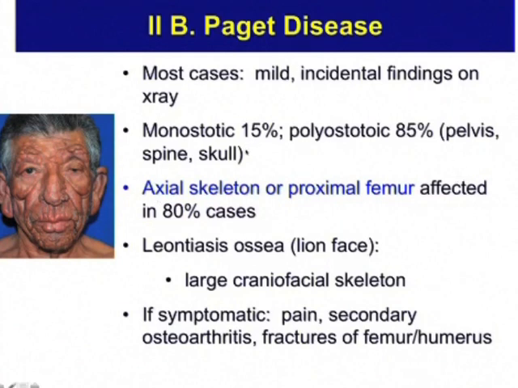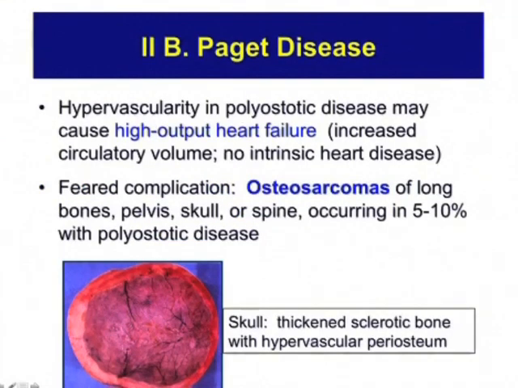Actually, a lot of patients who initially present with Paget's may be asymptomatic, so this may be something that just gets picked up by radiography. When it's advanced, that's when you start seeing these changes. And then when the bone is brittle, you know it's going to fracture, and we can get secondary osteoarthritis as that fracture happens around the femoral head.